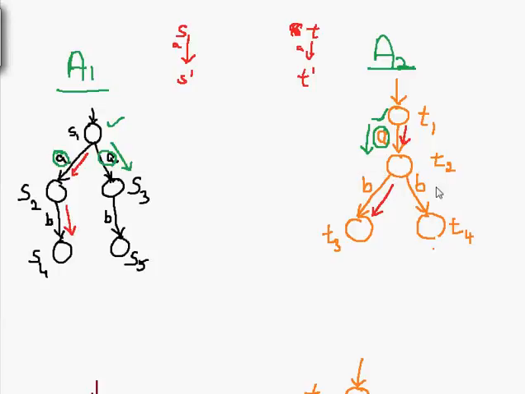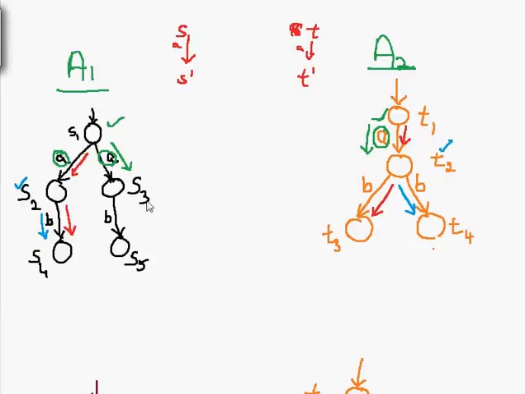No, because I have left one transition in T2 to T4 in A2. So T2 makes a B transition to T4, and S2 makes a B transition to S4. Now I can say that there is a bisimulation relation between S2 and T2.